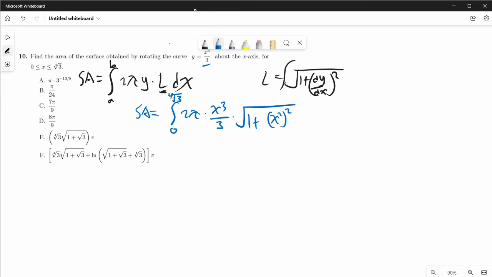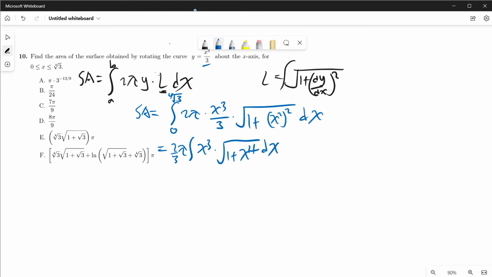Just take the derivative of that, all that dx. So let's simplify a little. Actually, let me just bring the 2 pi out. I'm not going to write the bounds because they didn't change, right? So we can also take the 3 out. X squared times root 1 plus x to the 4th dx.